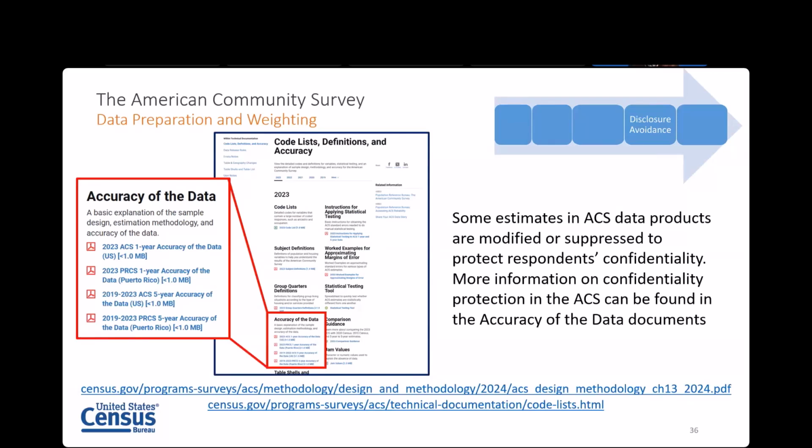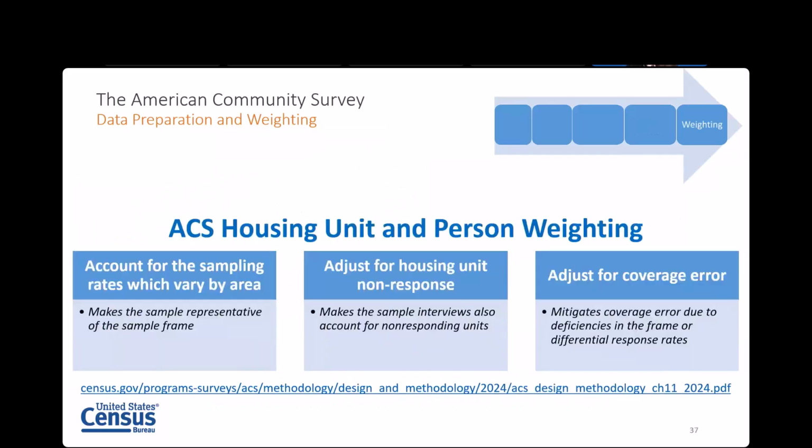Since this swap is done within a small geographic area, there is no effect on the overall totals for an area or among totals that include data from multiple areas. So along with Chapter 13 of the Design and Methodology Report, the accuracy of the data documents provide more information on confidentiality protections in the ACS.